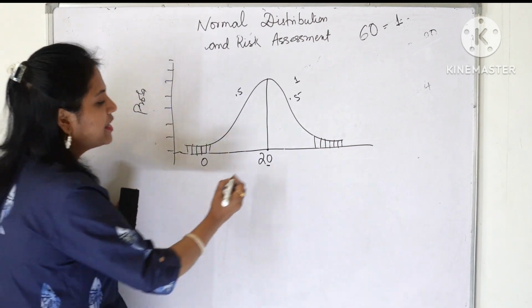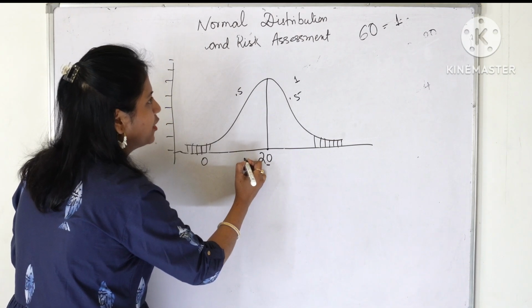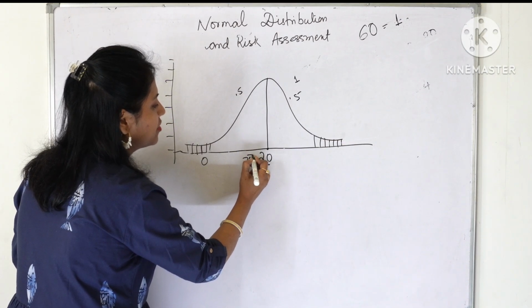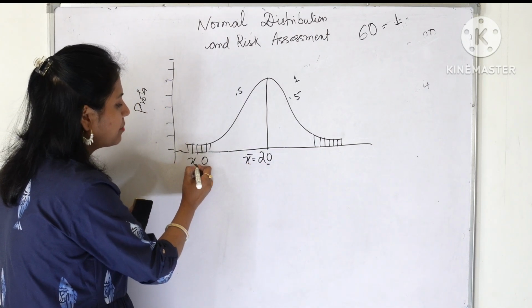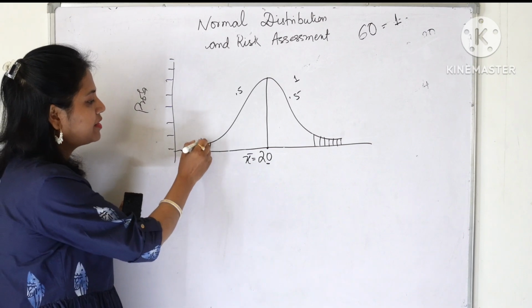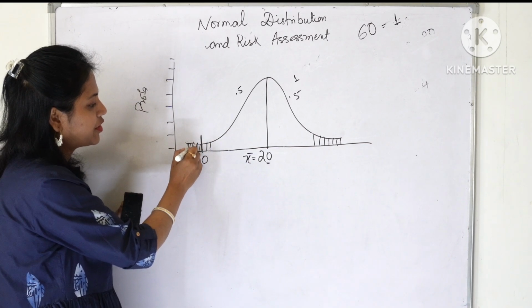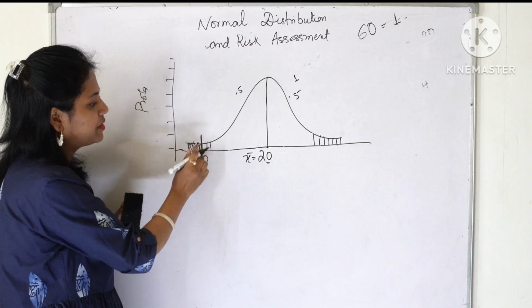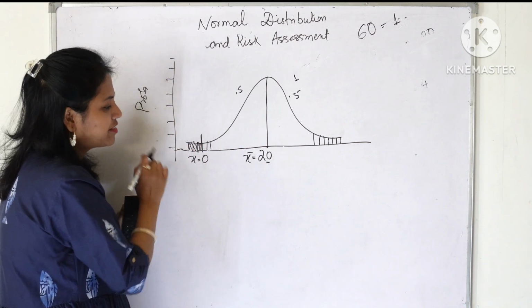So friends, this 20 I call the expected value, x bar equals 20. And this 0 is the value I am asking about, so I will call it x. The probability that I will get 0 or less than 0 means this area I am trying to find. What is the chance that I will be in this area given my expectation of 20? So x equals 0.